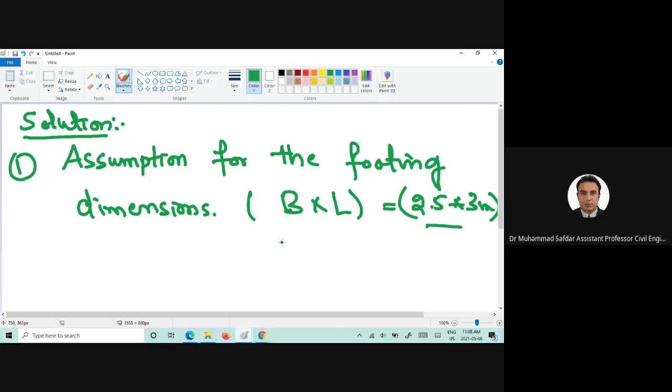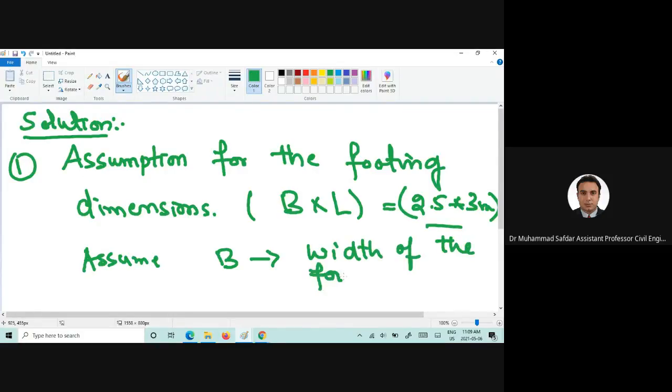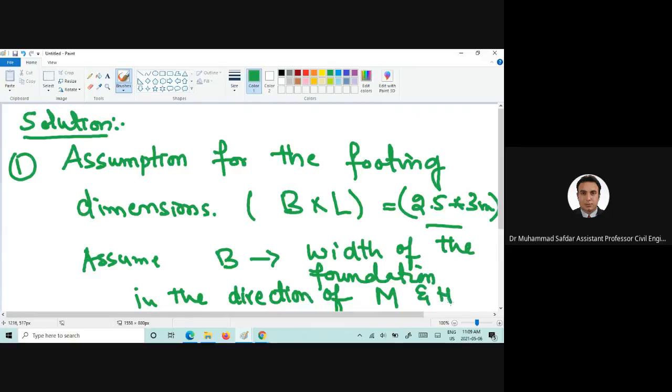So the first thing we need to do is assume the dimensions of the foundation, and then assume that B, which is the width of the foundation, should be in the direction of moment and the horizontal load. Okay, that should be our first assumption.